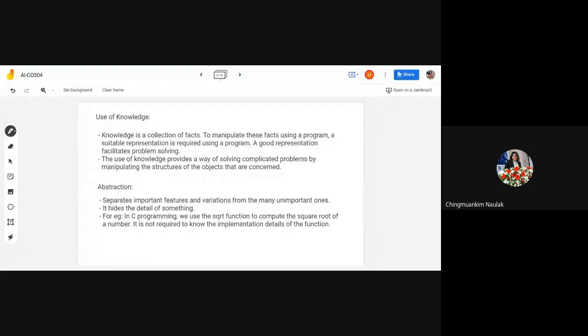This sqrt already has some details wrapped up inside it, and you don't look at what is inside it. So that's what abstraction is. We are not required to know the implementation details of the function. You just call it and it does the work. So that's called abstraction. Now let's go to the next slide.